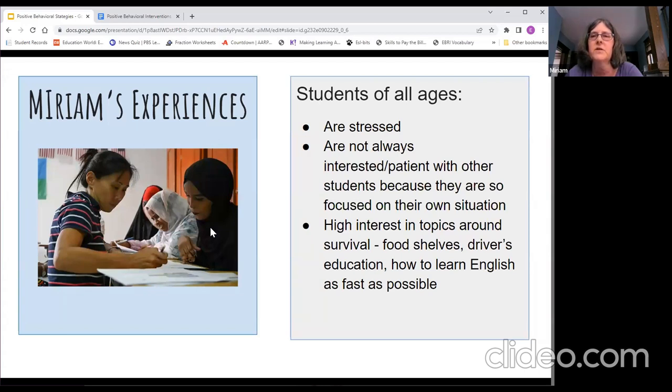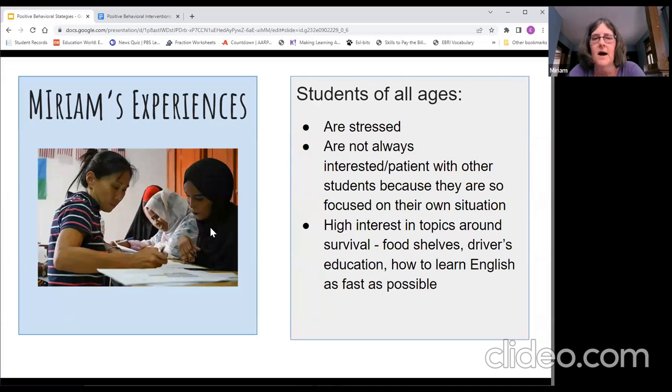Maybe a little less interested in group work or meeting people from different countries. And I'm guessing that's because if you're in survival mode and maybe you're here as a refugee, I mean, you didn't come to make new friends. You're in this scary situation and you're in an ABE classroom and you need English, and maybe just less interest in the other students.